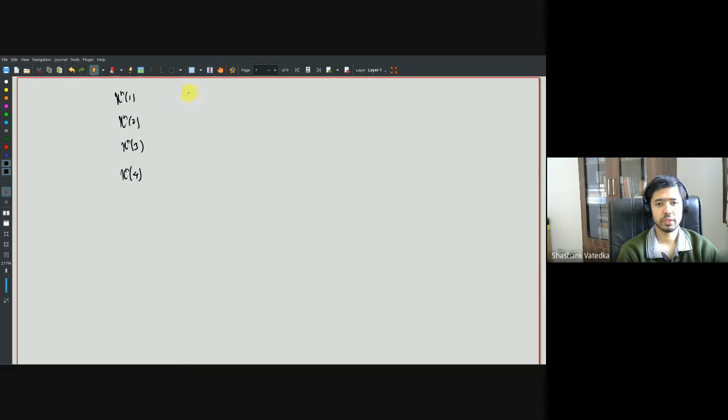Right, so maybe the sequences are 1 0, 0 1, 0 0, and 1 1. Okay, so this sequence has the least probability, this sequence has the highest probability. And for these I need to assign code words. How would you do it?